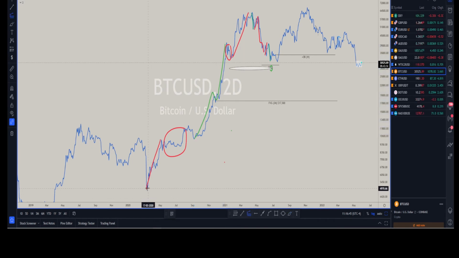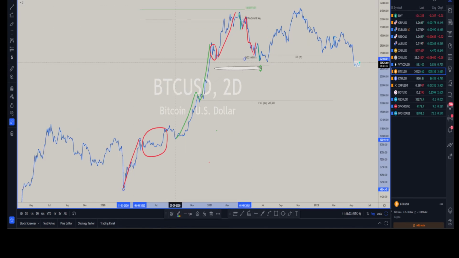Let's project these. If it is a completed wave, and there you go, into the interest zone. So this is a completed wave. What are we looking for further?